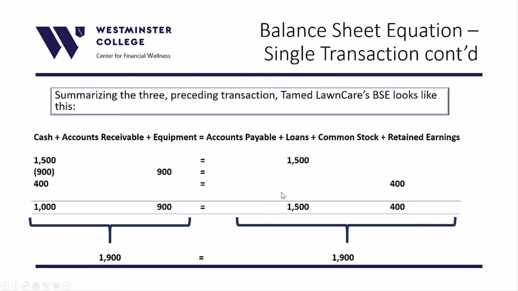The total impact on my loans was the 1,500, etc. Further, these transactions impacted total assets by 1,900, increasing by 1,900, and our claims likewise went up by 1,900.